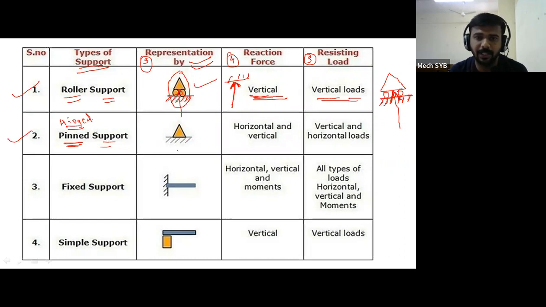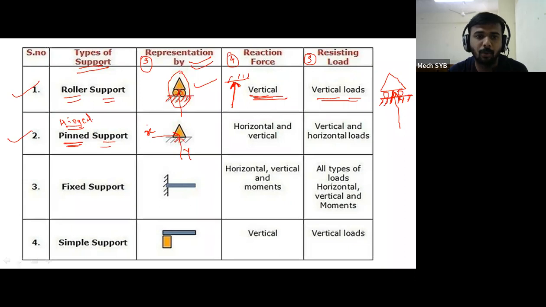If such a support is given in the type of beam, then the hinged or pinned support has two reactions. One is vertical, see, this is the vertical, and it also has a horizontal one. So this is X and this is Y.